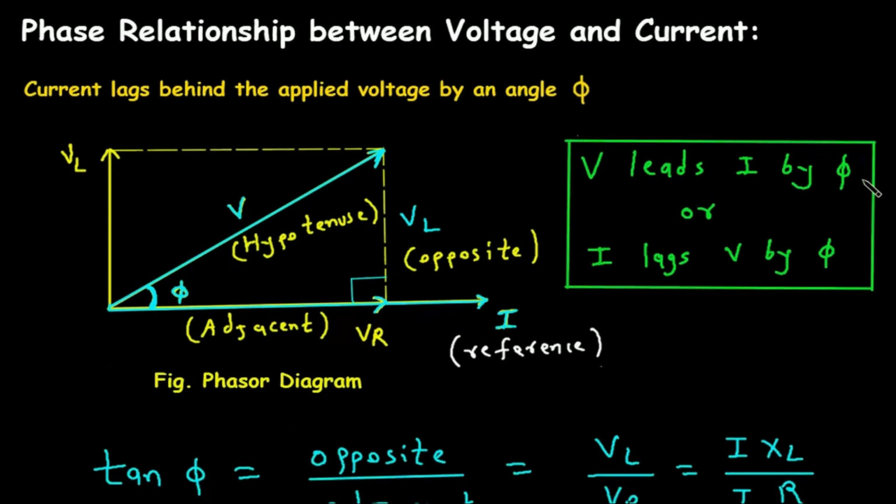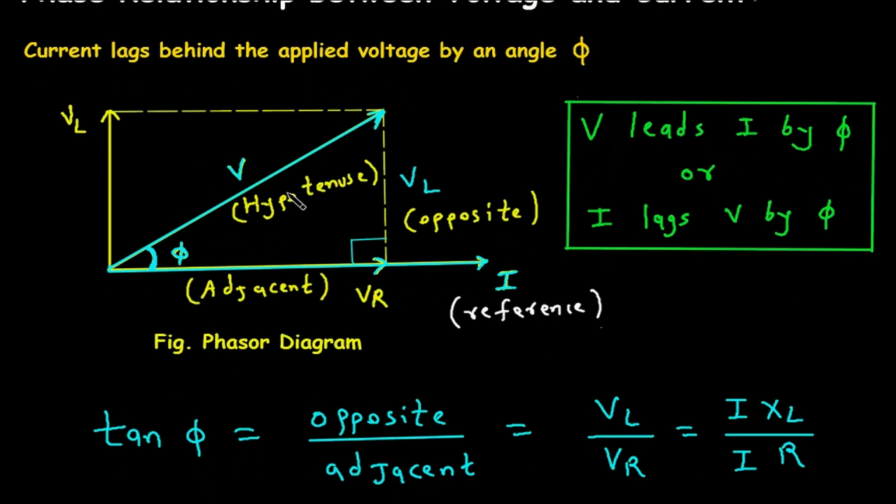V leads I by phi, or I lags V by angle phi. Now here we can see this is a right angle triangle. So this will be the hypotenuse, this will be the adjacent side and this will be the opposite side to this angle. Also we are taking this I as the reference again.